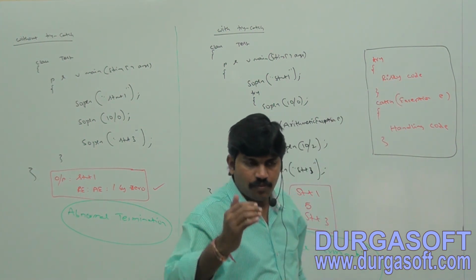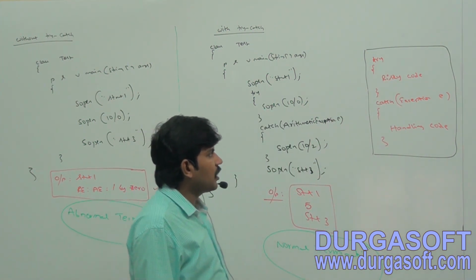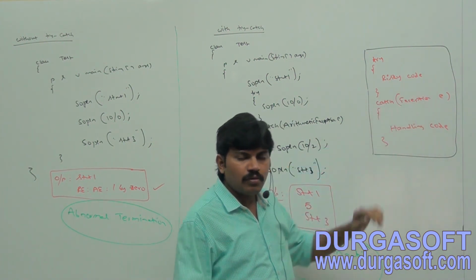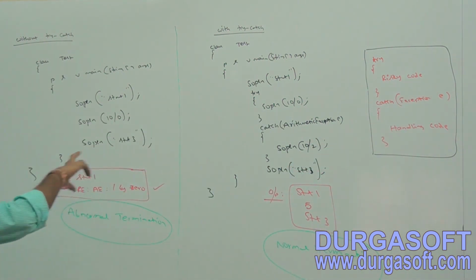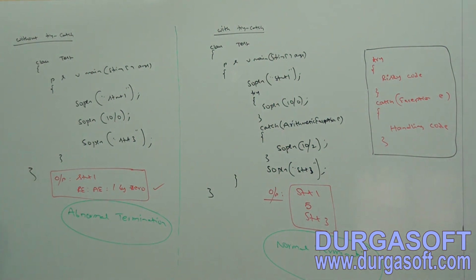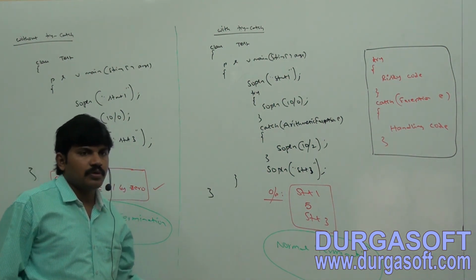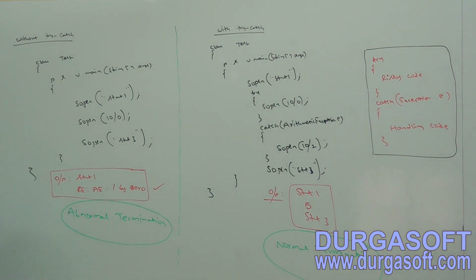Now next point. Now the terminology is very, very clear for you. Now it is better to take this program side by side, without a try catch and with a try catch.